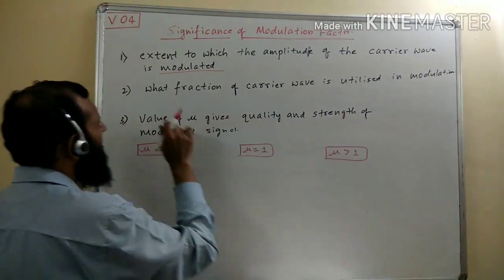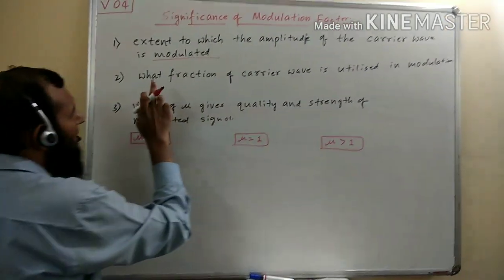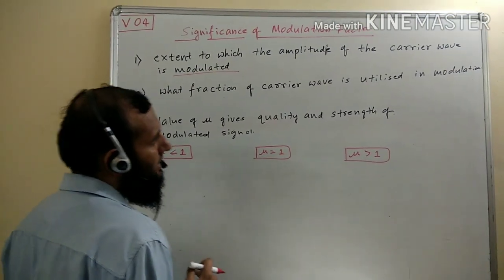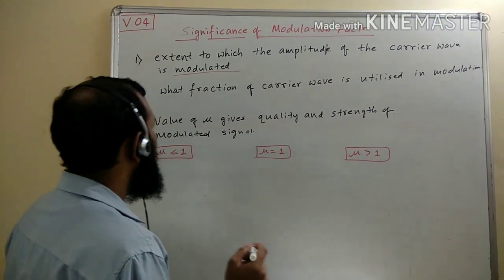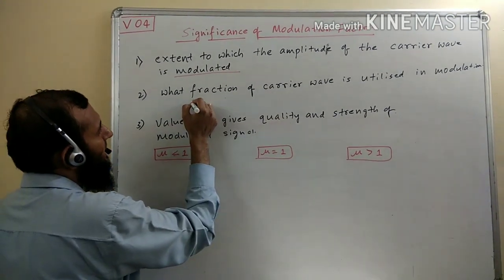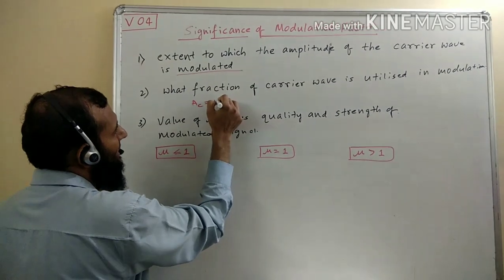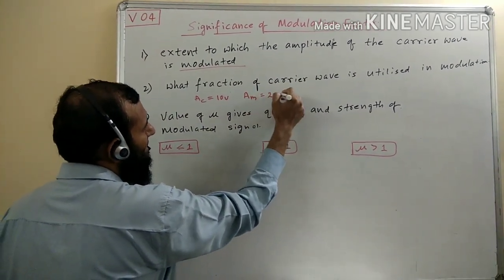So the value of modulation factor gives the information as to what fraction of carrier wave is utilized in modulation. Let me give an example. Suppose the original amplitude of carrier wave is 10 volts and the amplitude of message wave is 2 volts.